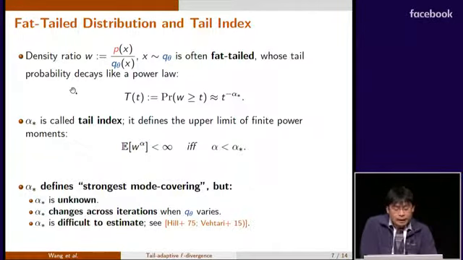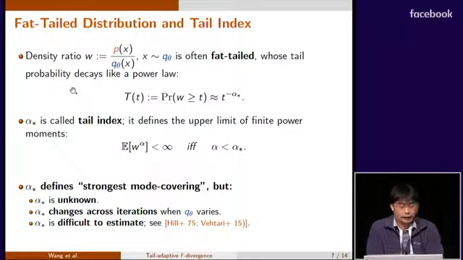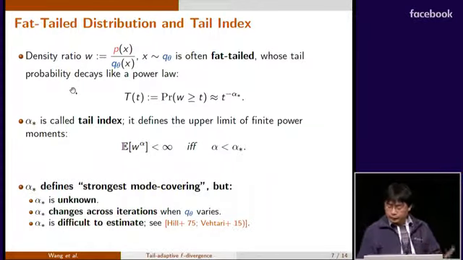Here alpha star is called the tail index. It's exactly the threshold we showed earlier. It is the upper limit of the finite moments, so alpha star is the maximum alpha for which the divergence can be defined. Ideally, if we want to promote the strongest possible mass covering, we want to find alpha star.